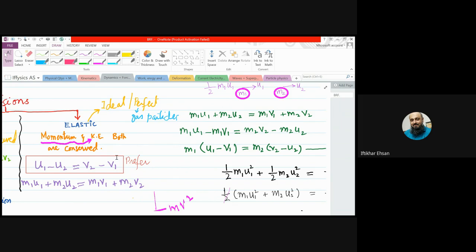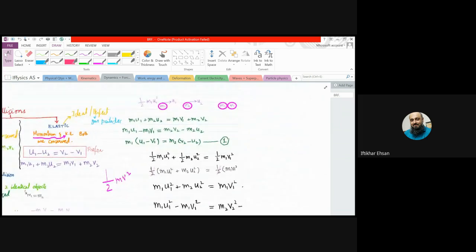For elastic collision, we use these two formulas and we prefer the one inside the book: relative speed of approach is equal to relative speed of separation. Now, how has this formula come? How do we know they are equal? This is the most important derivation we are going to do in this chapter. So, coming back to this point, Hassan, are you ready?